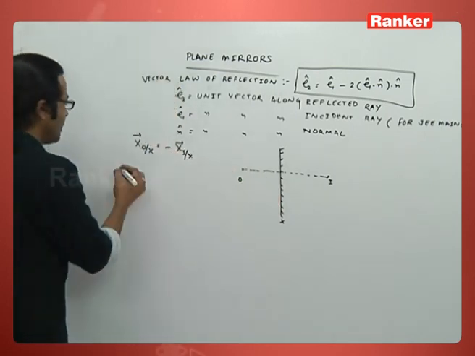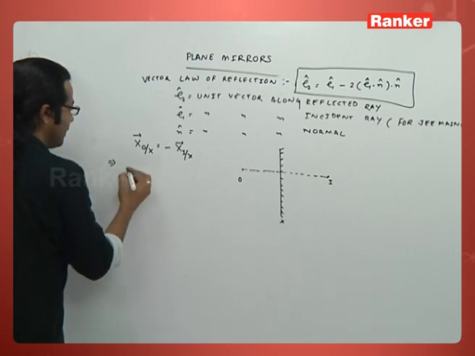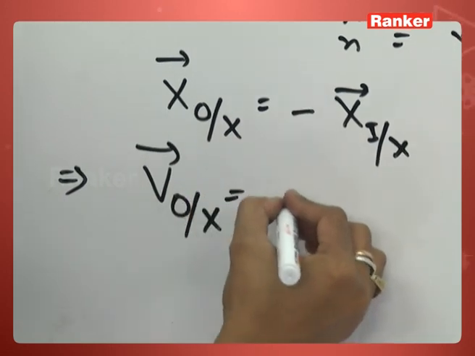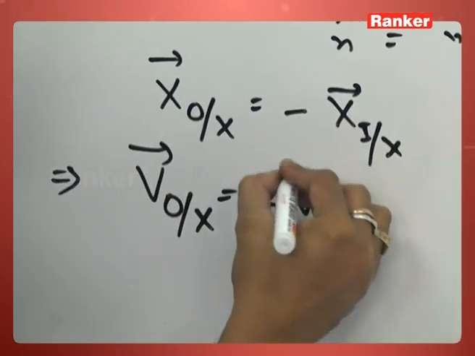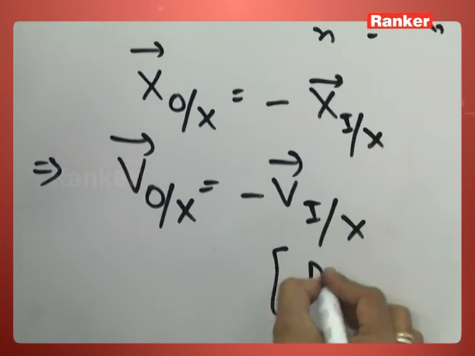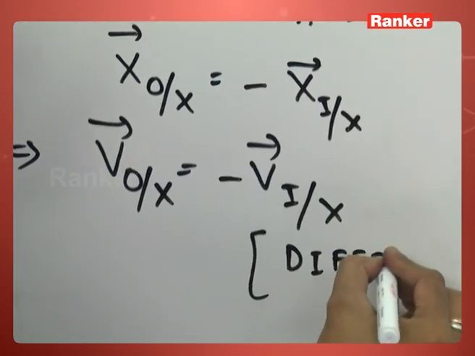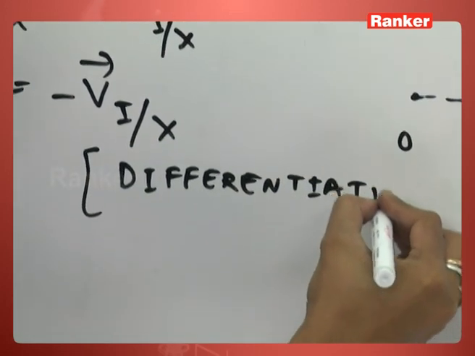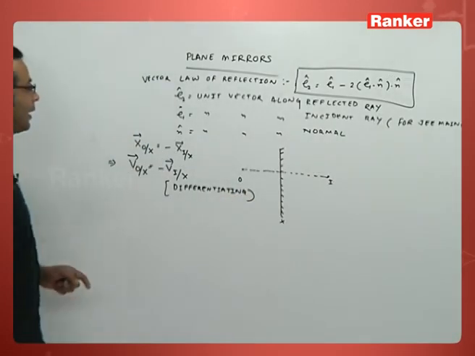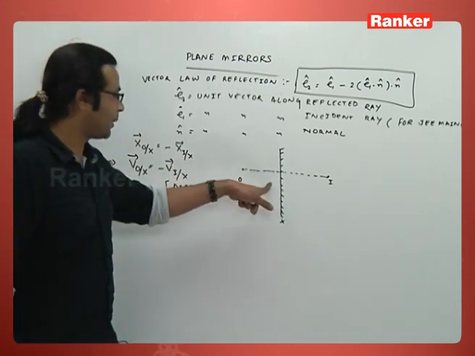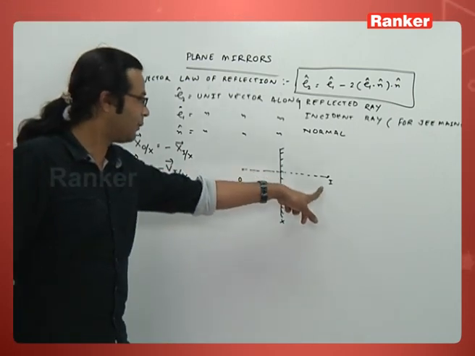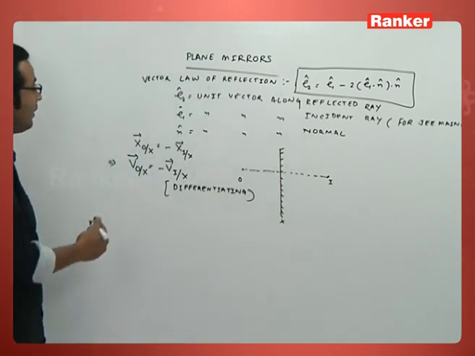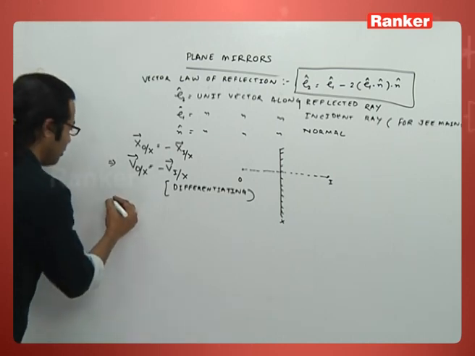I differentiate this with time. I write v of o with respect to x equal to minus v of I with respect to x. Differentiating, I get velocity of o with respect to x will be negative of velocity of image with respect to x, and earlier we know that a relative is always the difference between two velocities.